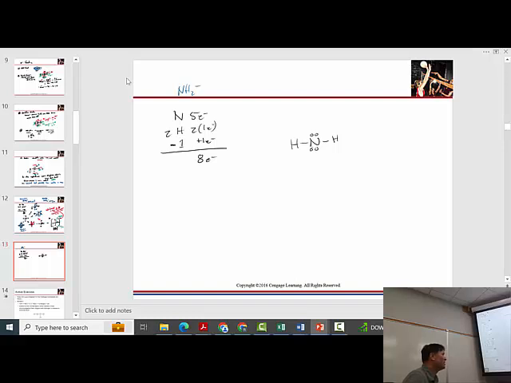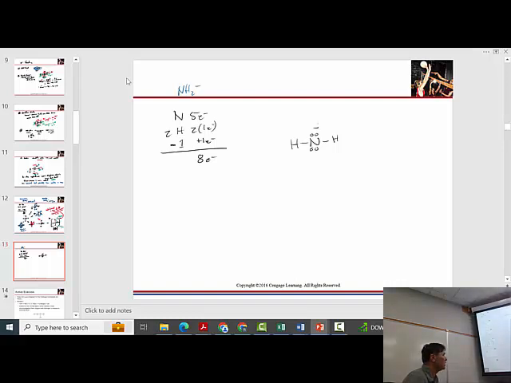what is the formal charge on this nitrogen? Formal charge is 5 minus how many does it have? It has 2, 4, and then half of these, 6. So it has 6. So 5 minus 6 is -1.